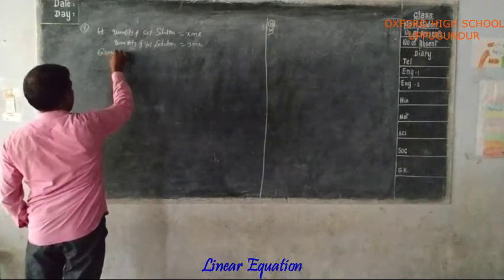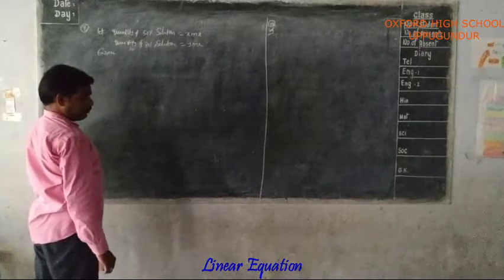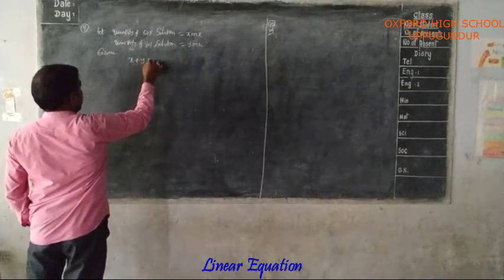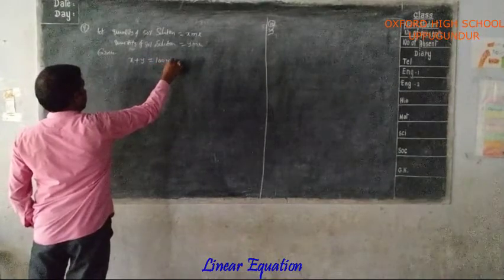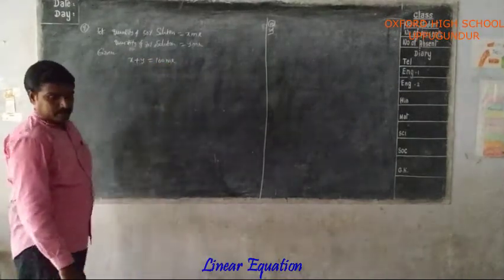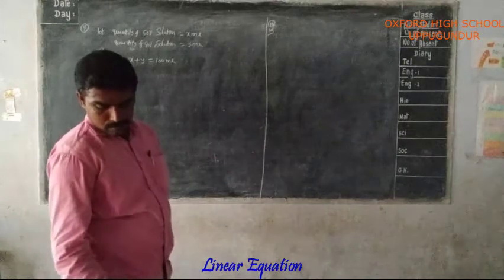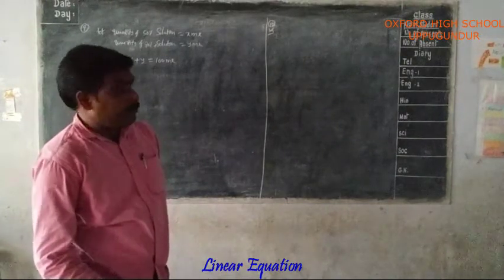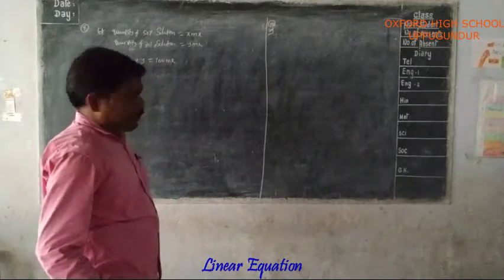Given the sum of these two, x plus y equal to 100 ml. To obtain 100 ml solution, 100 ml means the sum of those two quantities equal to 100 ml.